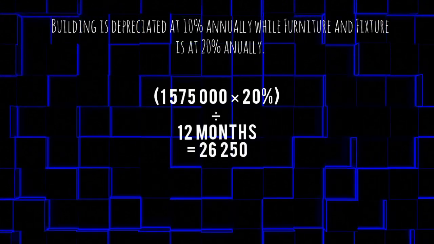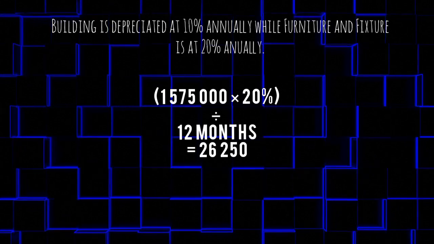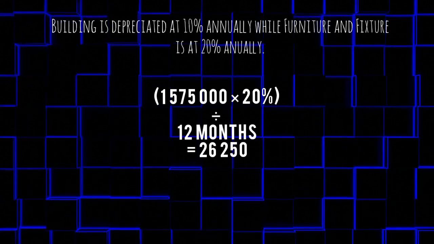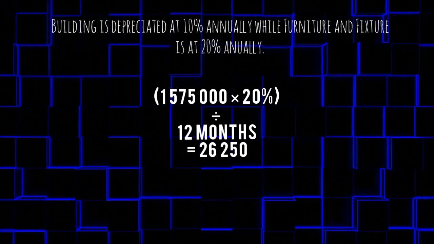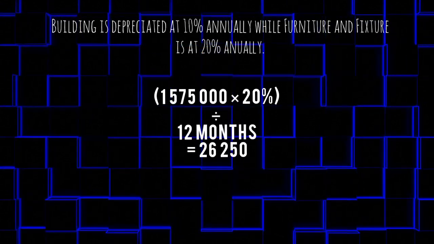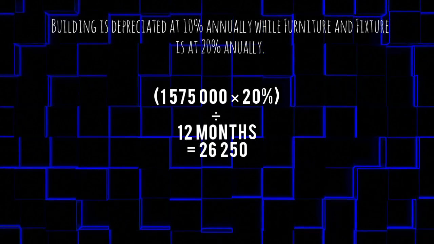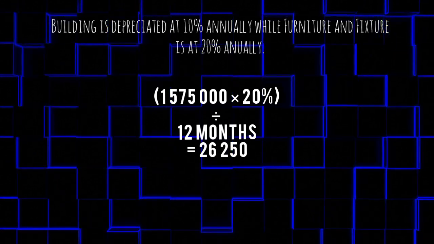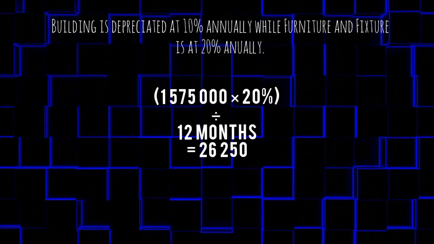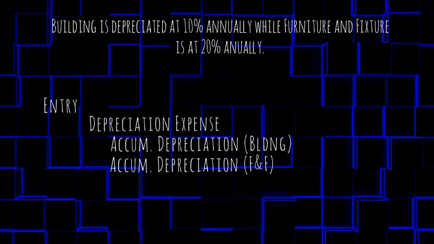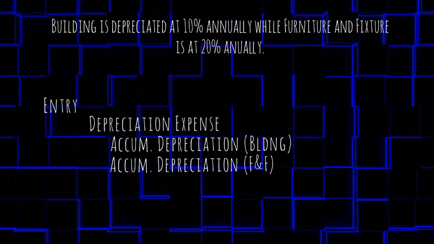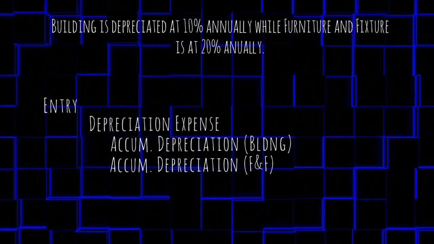So the amount of furniture and fixture in the preliminary trial balance is 1,575,000 times 20% annual depreciation and divide it by 12 months. We will get the amount of 26,250. Now the entry for this adjustment is debit depreciation expense and credit accumulated depreciation.